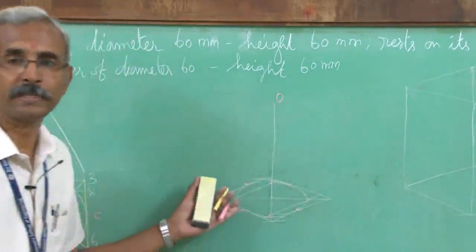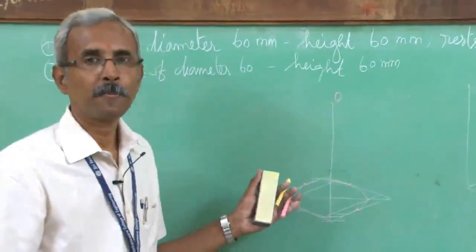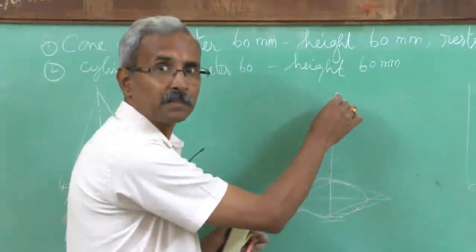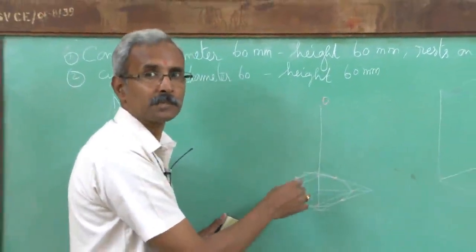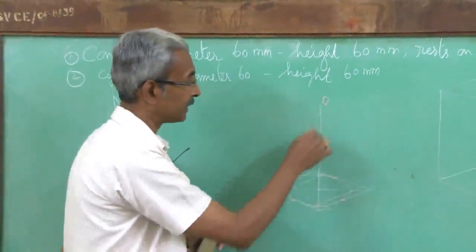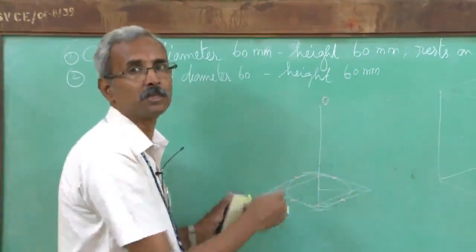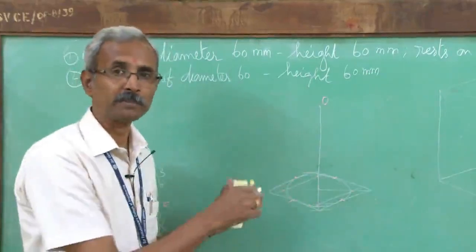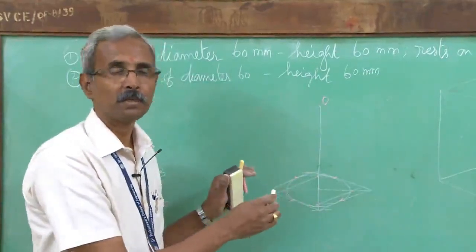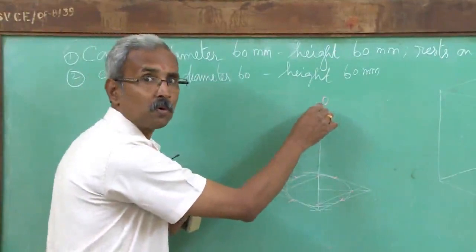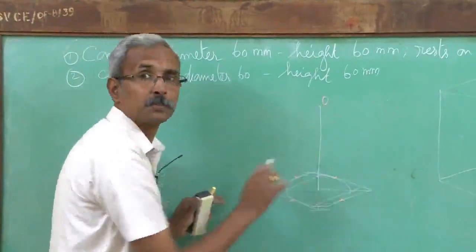Having drawn the ellipse, you need to connect this apex with the base such that the line connecting these two will be tangential to this ellipse. I am saying the word tangential because you should not connect the apex O with this point or this point.